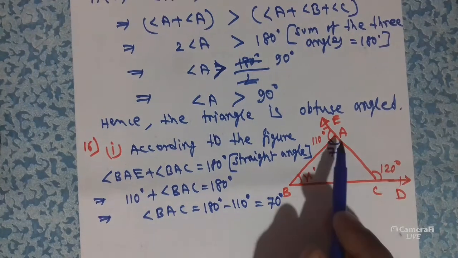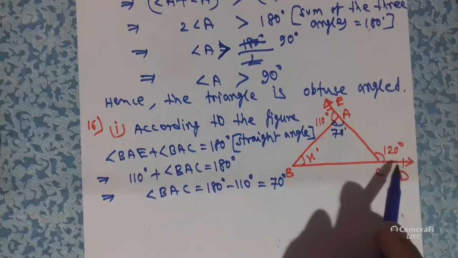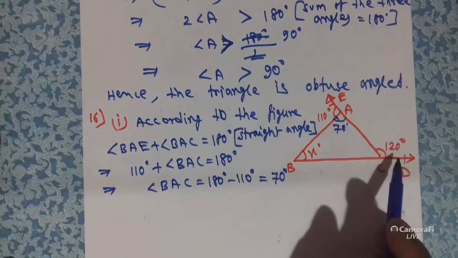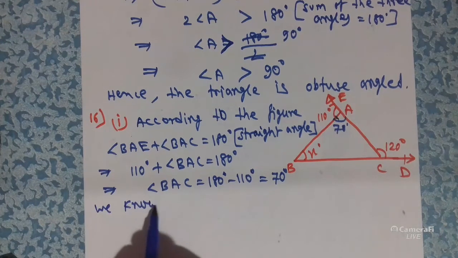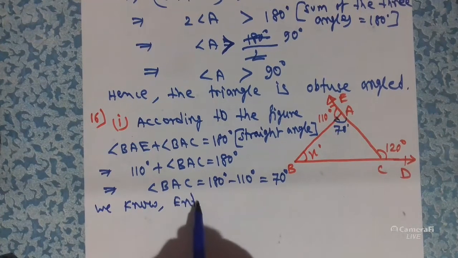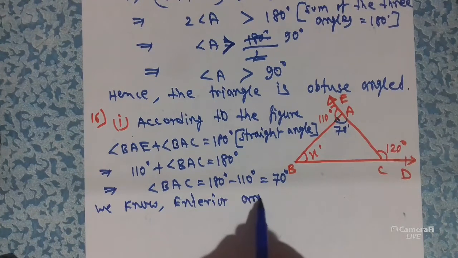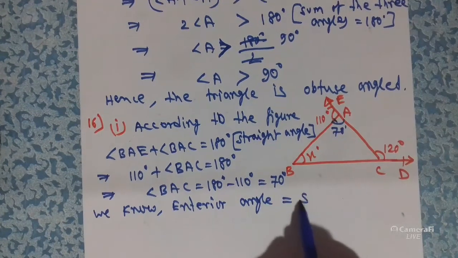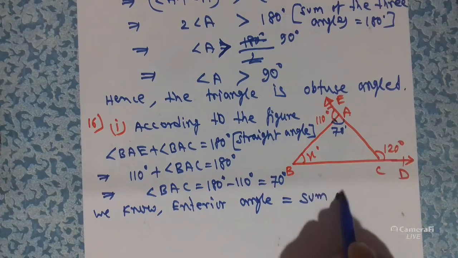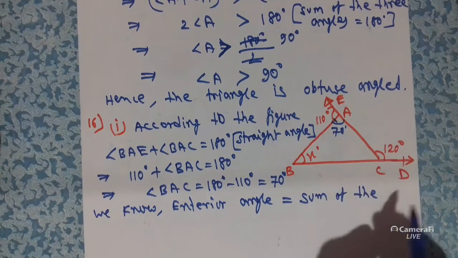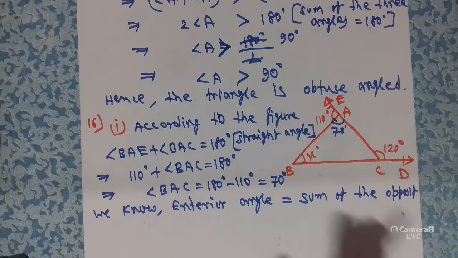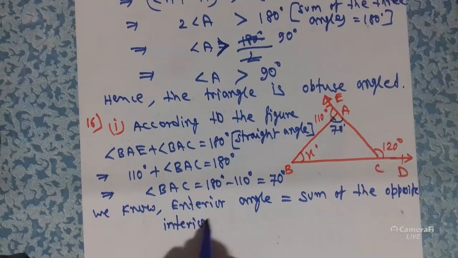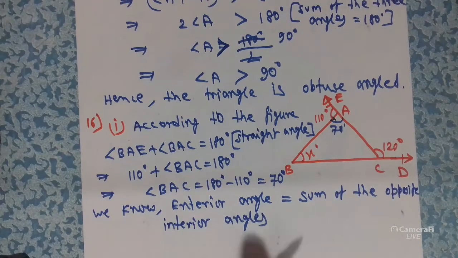Now in this triangle ABC, ACD is the exterior angle. So we know the exterior angle is equal to the sum of the opposite interior angles.